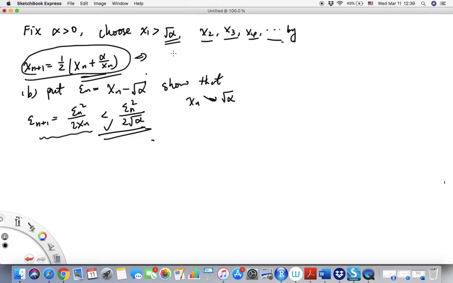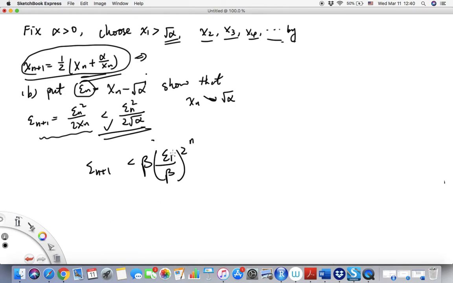So how good is the approximation? That's where you look at the epsilon n. So epsilon n is the difference of xn and square root of alpha. So we want epsilon n to go to 0 very fast, right? So recall what we just showed is epsilon n plus 1 is less than beta times epsilon 1 over beta to the power of 2 to the n, okay?